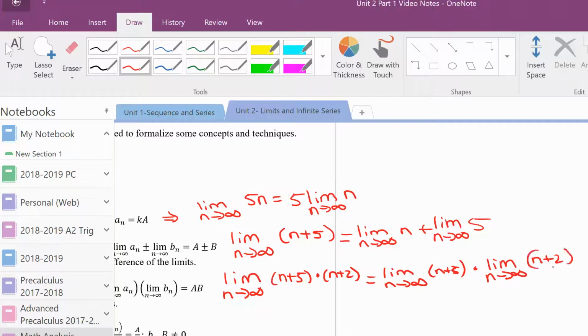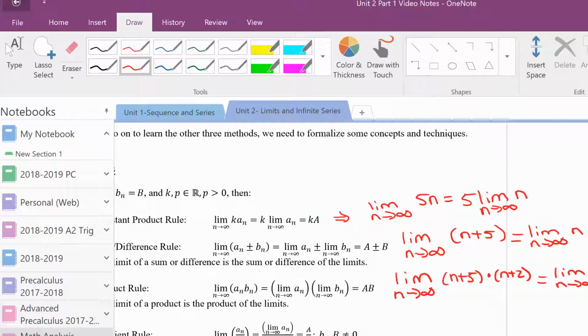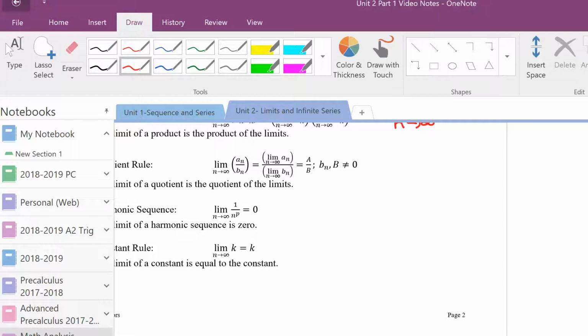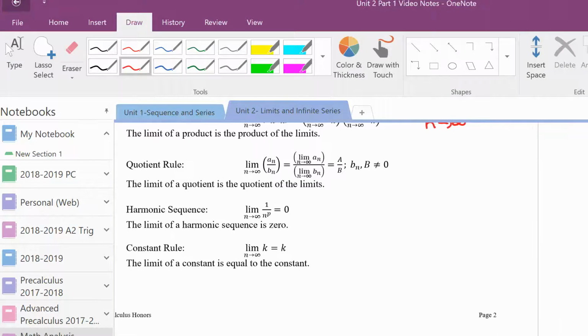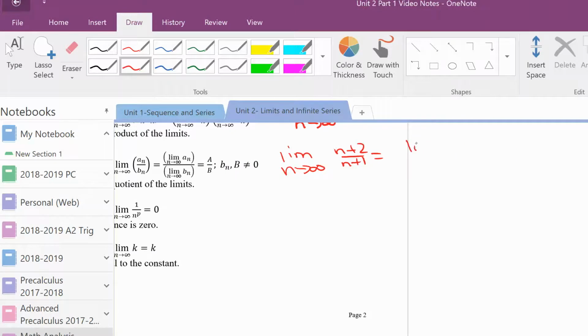So it would be the product of those limits. For the quotient rule, the limit as n approaches infinity of n plus 2 over n plus 1 would be equal to the limit of n plus 2 divided by the limit of n plus 1.